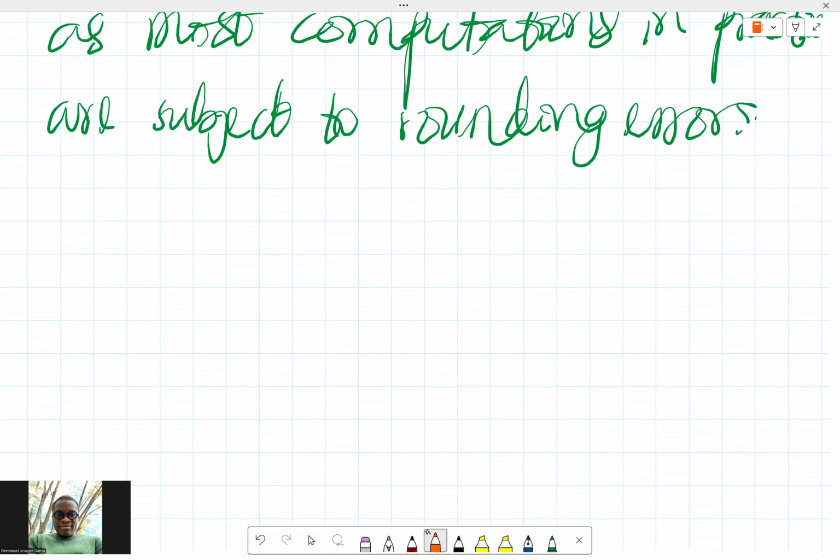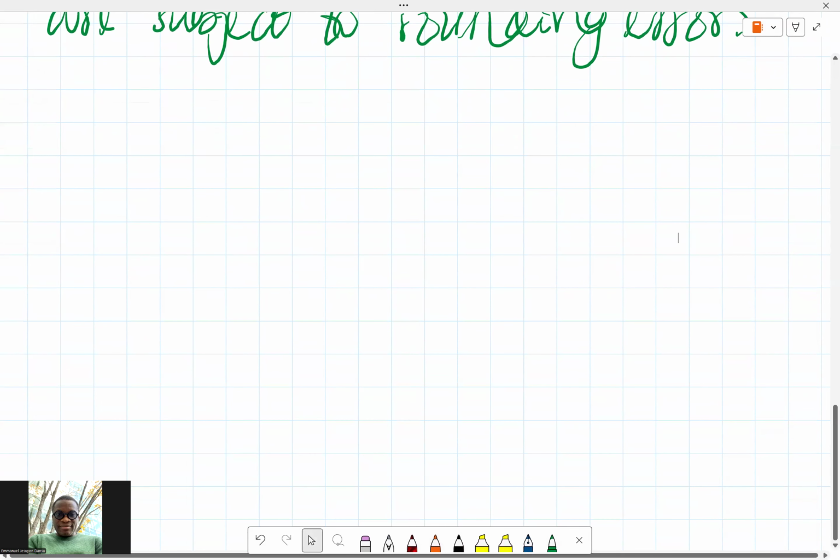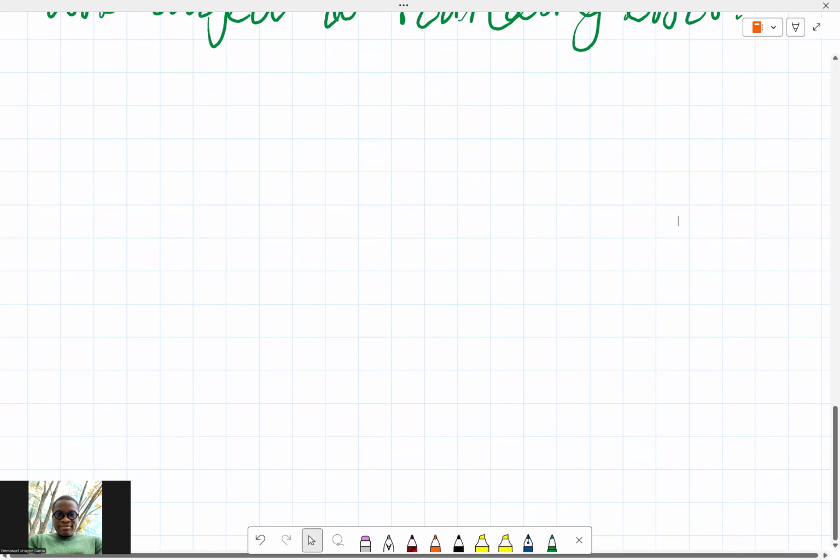All right, so now let's talk about condition number. That's numerical stability so far. So we're talking about numerical stability and condition numbers.